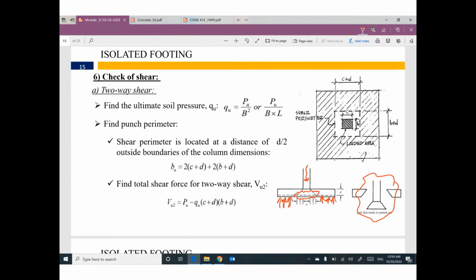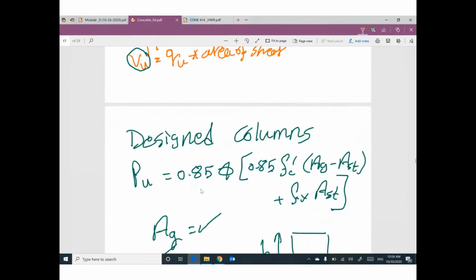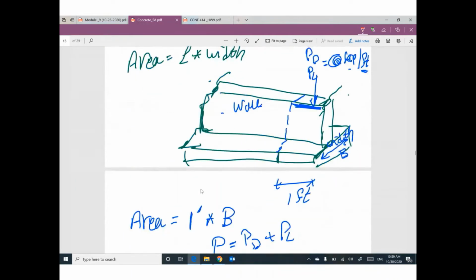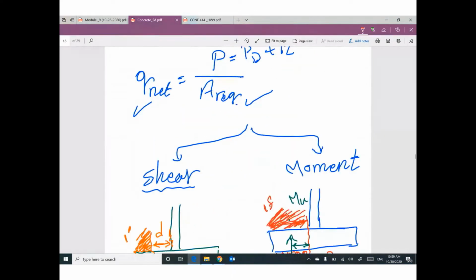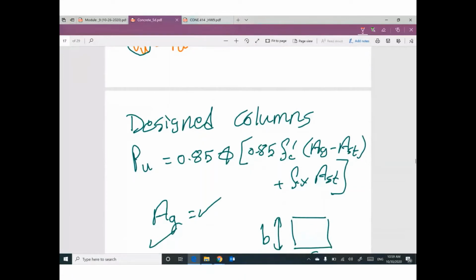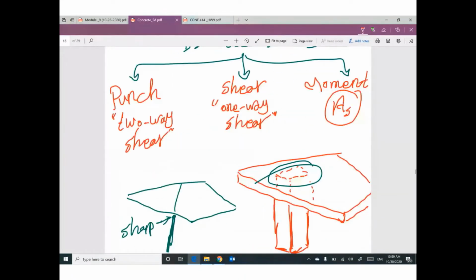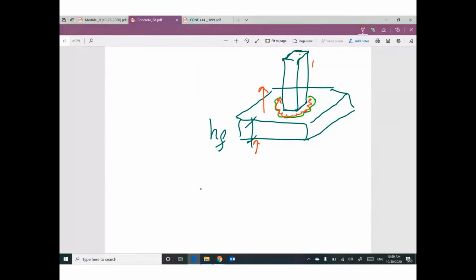This is called two-way shear, or sometimes punching or punch. It's very important. This phenomenon does not exist in strip footing. And that makes sense, I believe, because in strip footing we have a continuous element. So how can punch happen? Punching means we have a very sharp or very thin column. I believe this column is thin, 16 inch times 16 inch or 20 inch times 20 inch.